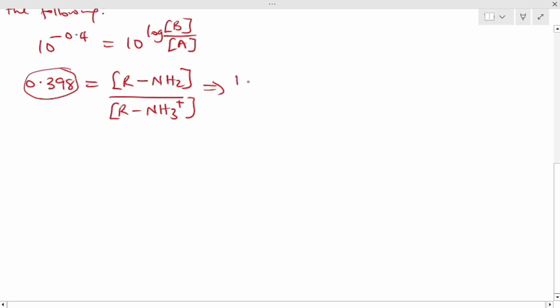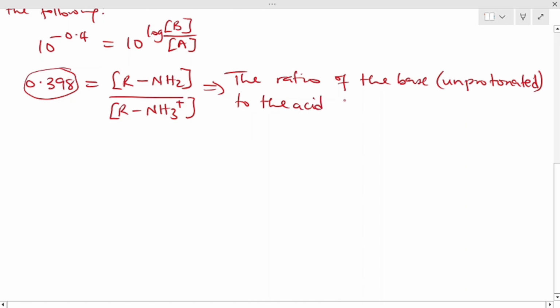So this implies the ratio of the base, which is unprotonated, to the acid, which is protonated, is equal to 0.398. So we have gotten the value for the unprotonated.